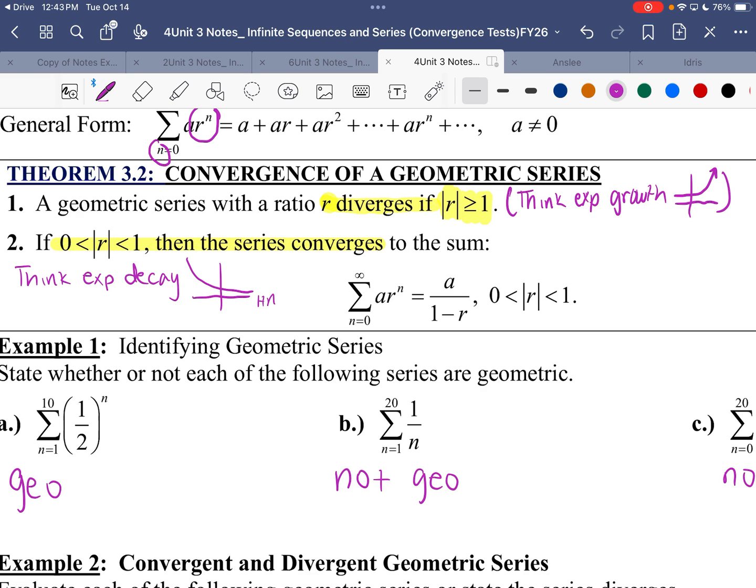So it's approaching some kind of horizontal asymptote. I don't want you to think that it's converging to the horizontal asymptote, because that's not necessarily true. It's just converging. The numbers that you're adding on each time are getting smaller and smaller and smaller.